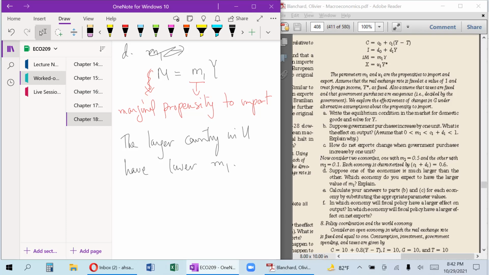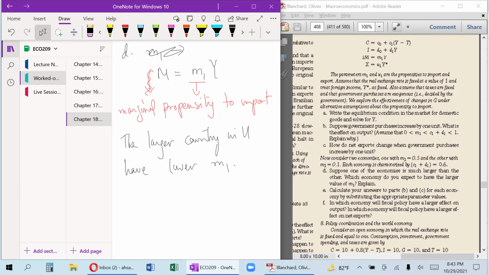But for smaller countries, if we're talking about Bangladesh, we have a pretty strong need to import certain goods that we can't produce in our country. India, for example, can produce a lot of different goods. China can do it, USA can do it, because these are large economies.